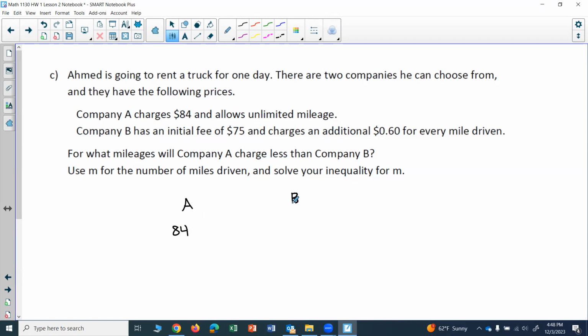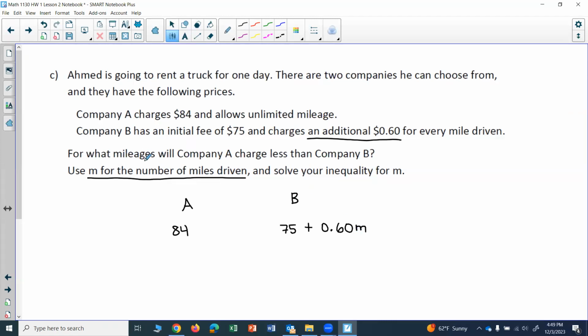Company B has an initial fee of $75 and charges an additional 60 cents for every mile driven. So additional would be plus 0.60, and they say use M for the number of miles driven, so 0.60 M.